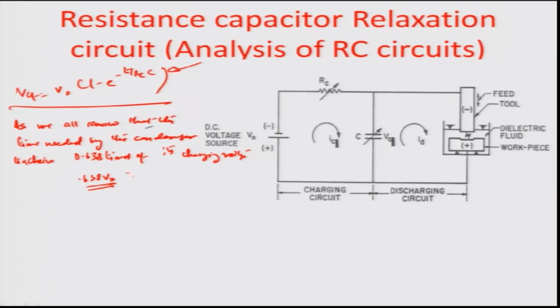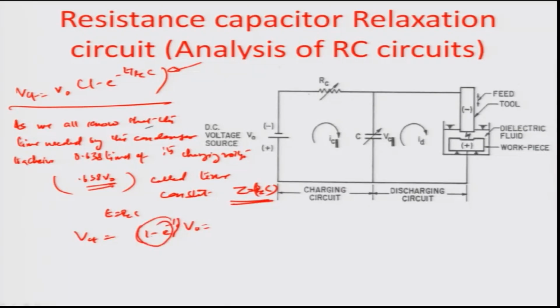And this is called time constant, Tau, and this can be represented as RC. Obviously, if t equal to RC, VCT should be equal to (1 minus e to the power of minus 1) times V0. This value is about 0.63. That is exactly what we are talking about.